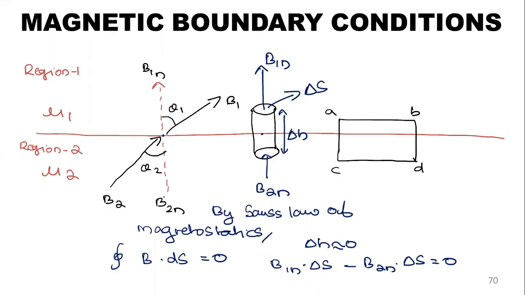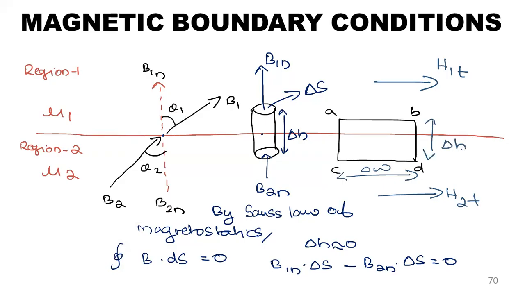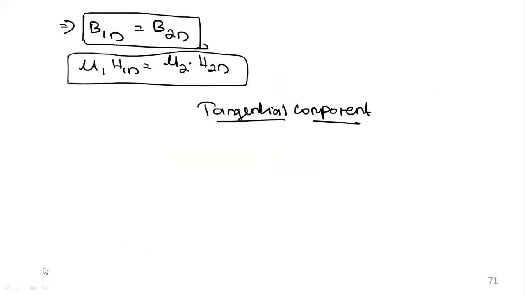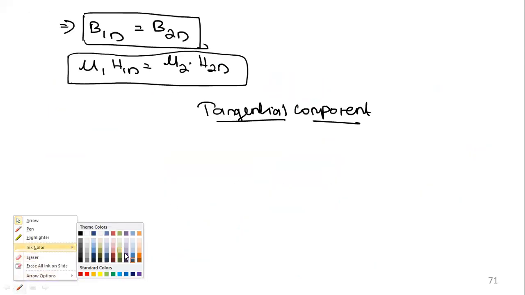Then the tangential components will be like this: this will be H1 tangential and this will be H2 tangential, and let delta W be the width of the rectangular path, and let delta H be the height, which will approach 0, like in the previous case.